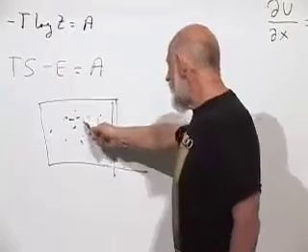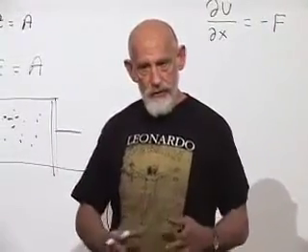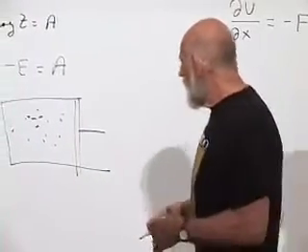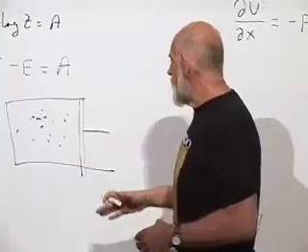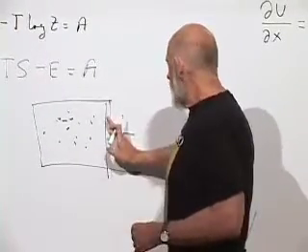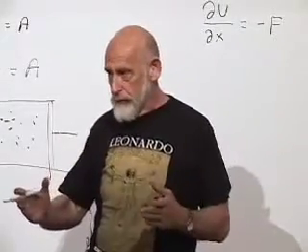The change in the energy of the system: how much does the energy of the system change when we move the piston a little bit? Another way to think about it is the work done on the piston per unit position change, right?